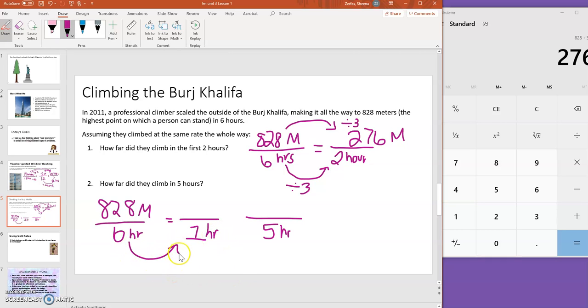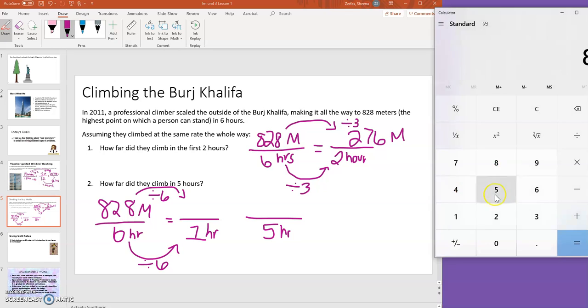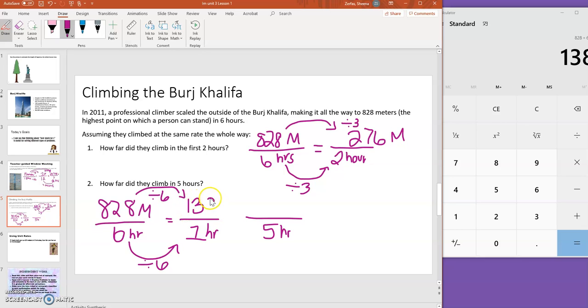And if I divide 6 hours by 6, that will give me 1 hour, which means I am going to divide 828 by 6 as well. And so in 1 hour, we are going 138 meters.